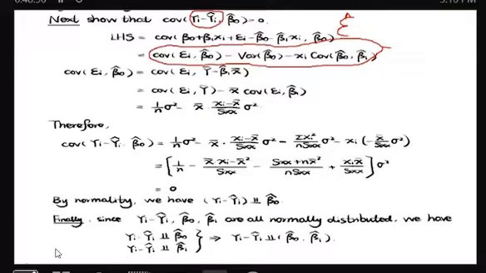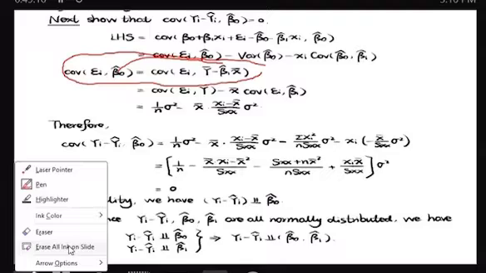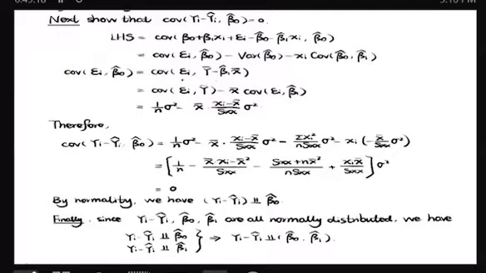Now, if you want to focus on this guy, take a look at this. Remember, beta naught cap is y bar minus beta 1 cap x bar, right? So at the end of the day, I'm going to have the covariance of error and y bar, and those other two.